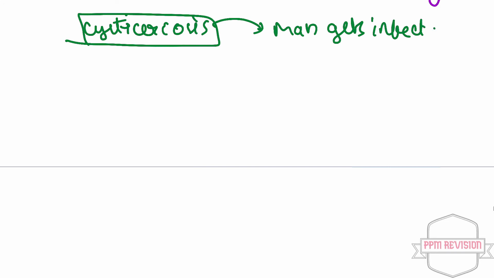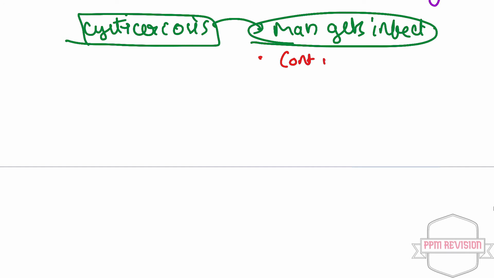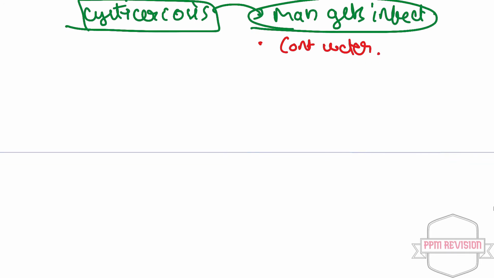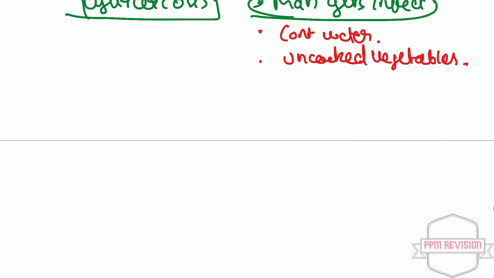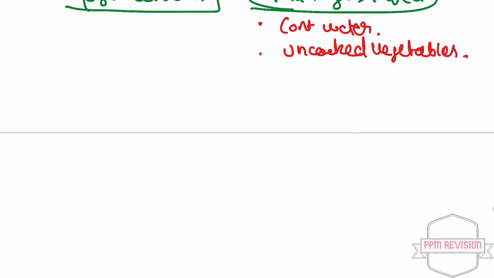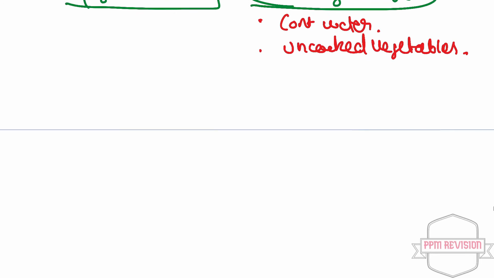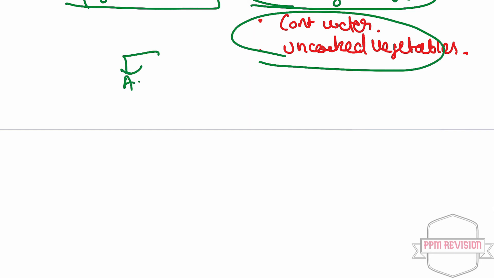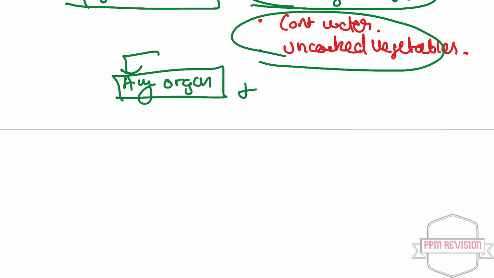As you know, the source is through contaminated water or food, or by eating uncooked vegetables as well. These types are mainly found in any organ, but most commonly in the subcutaneous tissues.